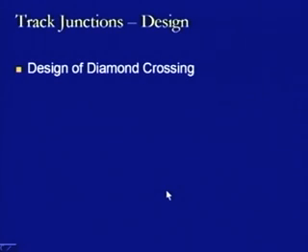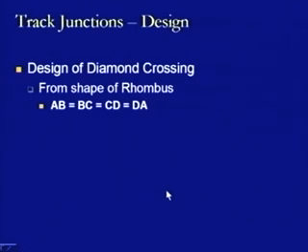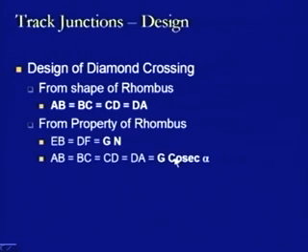From the shape of a rhombus, AB is equal to BC is equal to CD is equal to DA, all four sides are equal. From the property of the rhombus, EB is equal to DF, and this is computed as G multiplied with N, whereas AB is equal to BC is equal to CD is equal to DA, and that is computed as G cosec alpha.